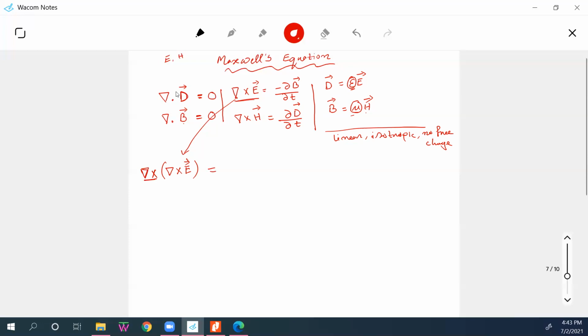So what is happening is, we know the curl of E is minus d by dt of B, right? This one, B. So B is also mu H, right?